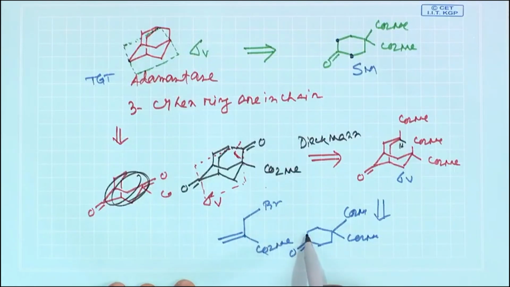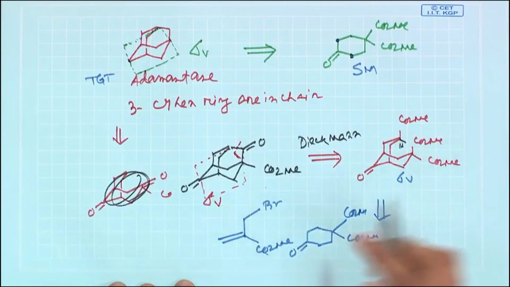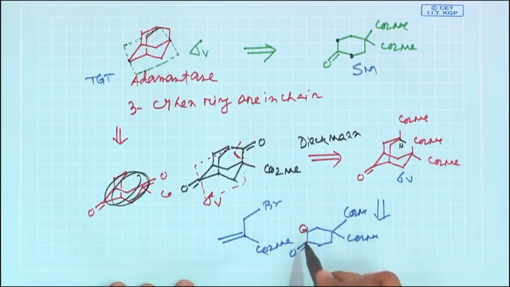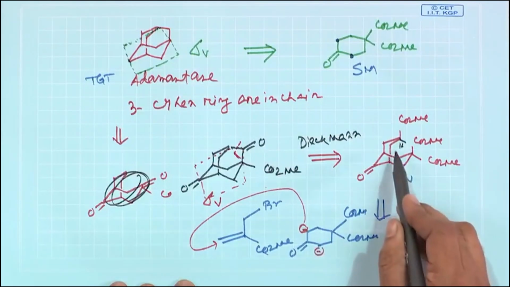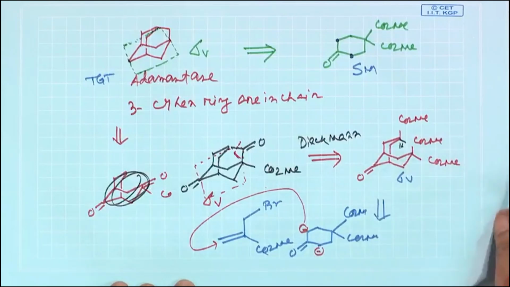Now, the initial cyclohexanone based compound can first generate a carbanion and then undergo a Michael addition here. And then this compound can also generate a carbanion here to trap with this electrophile. So, this compound serves as a double electrophile and the other compound serves as a doubly charged anion. Then you get this particular compound.